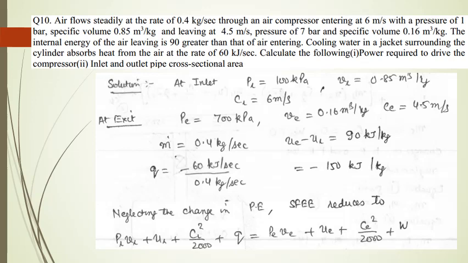If it is rejecting heat, then it has to be taken negative. So basically air is rejecting heat and cooling water in the jacket is absorbing heat, so the sign has to be taken with respect to the working substance, that is air, so it will be taken as negative. A similar thing applies for the work also. The sign for work is taken with respect to the working substance of the system. Neglecting the changes in potential energy, the steady flow energy equation reduces to the expression shown at the end of the slide.